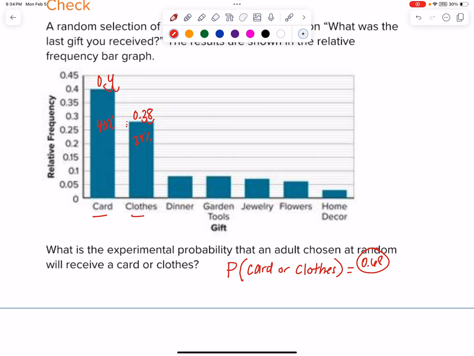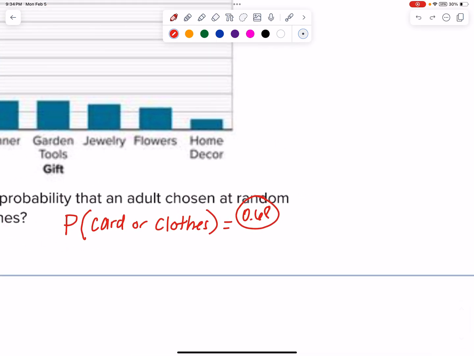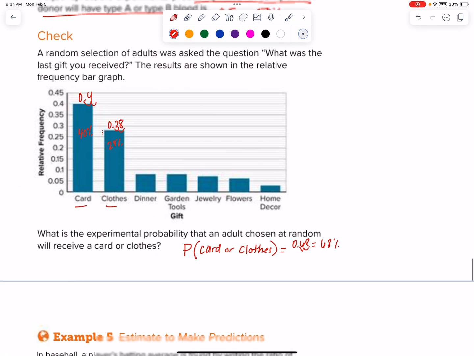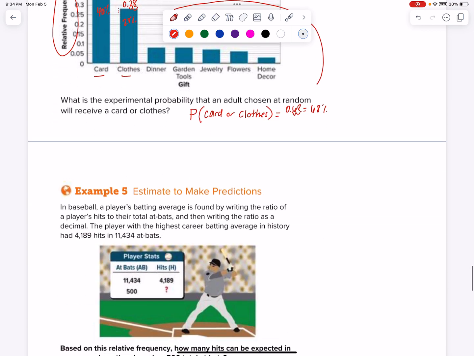So if you add those up, what is the total percent chance? Well, we add those up and we have 68%. Okay, so we have 0.68 or 68%. So you experiencing that right now tells you that if they're asking you the experimental probability and they're already giving you the relative frequency, it's not going to be a numerator divided by a total, okay? But sometimes you're going to have to calculate that if they don't give you the relative frequency already.